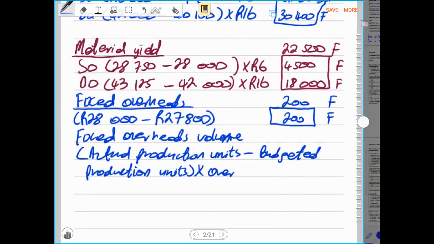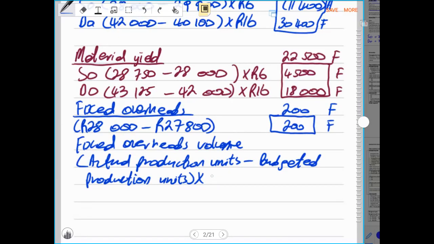The fixed overhead rate, our standard fixed overhead rate, was 40 cents.